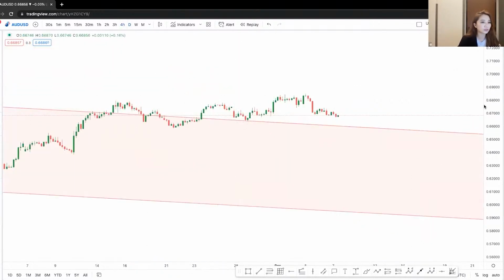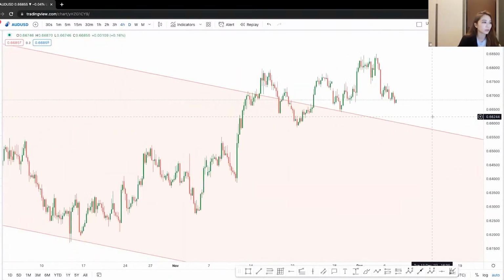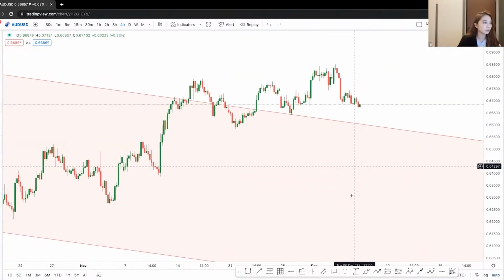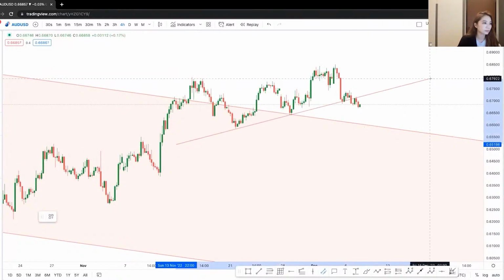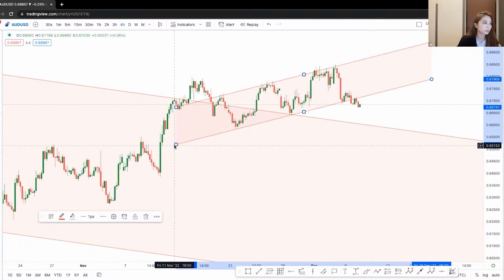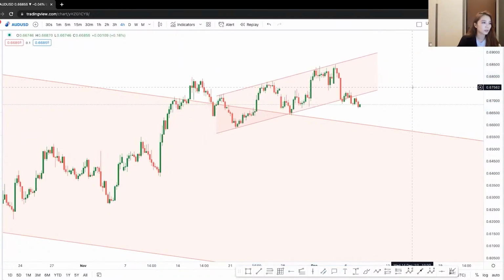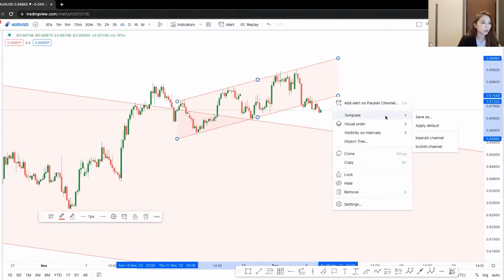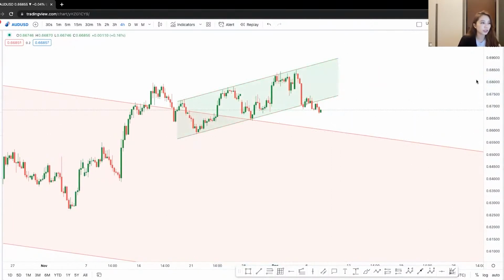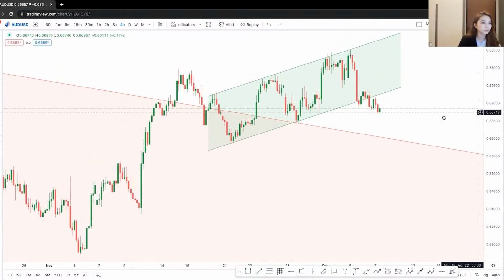Let's look at H4. Okay, so we are seeing an upward moving channel. Okay, so it has just dropped out of the bullish channel that we have just drawn.